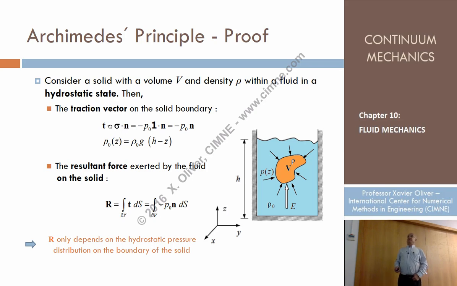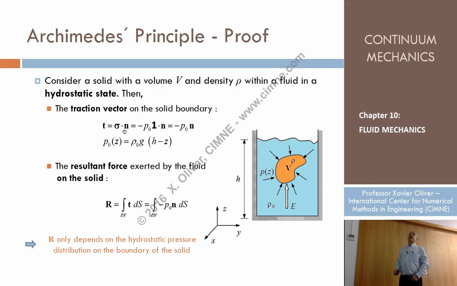So look, first, we know that the fluid is at rest. So we know that according to that, the distribution of the stresses is hydrostatic. Now, if we consider what are the actions of the fluid on the solid through the boundary of the immersed solid, the submerged solid, that would be, of course, as an interaction, the product of the stresses times the normal.